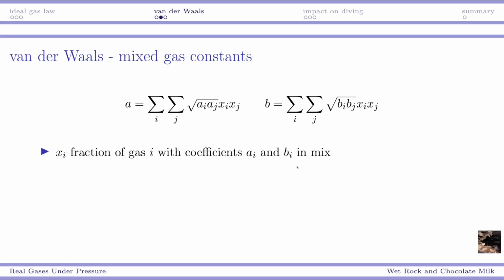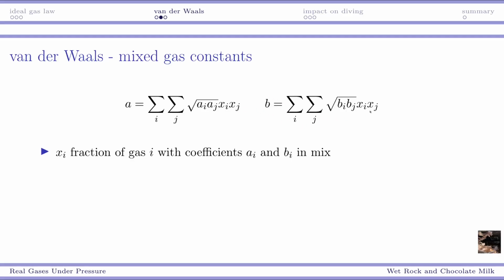To do so, Van der Waals also gave us some formulas, which says the A value is computed given the A values of the different gases that are in the mix and the fraction of the various gases that are in the mix. And then we have this weird averaging where we take products of the different gases' A values, and take the square root of that, and we average weighting by the fractions that are also multiplied, for some reason that we don't need to go into.